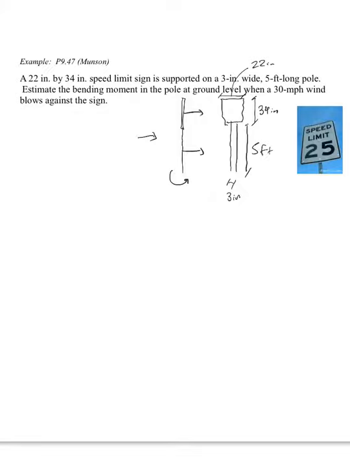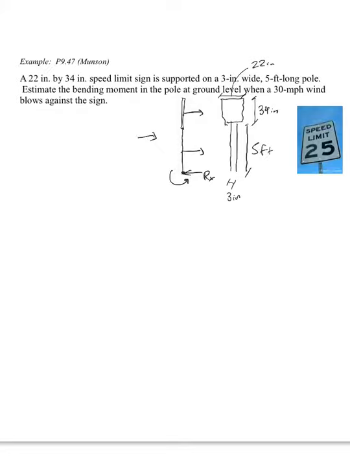For the purpose of calculating the moment here at the base, we are going to assume that these two resultant forces act at the center of the sign and at the center of the pole.